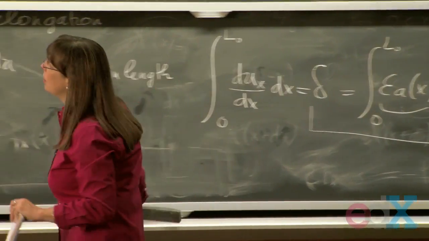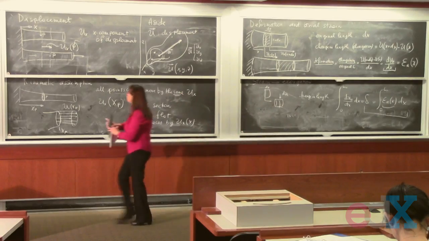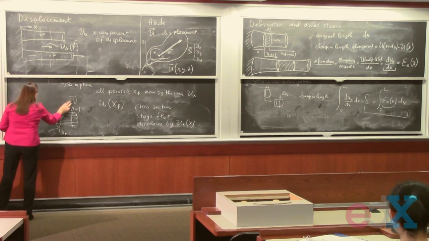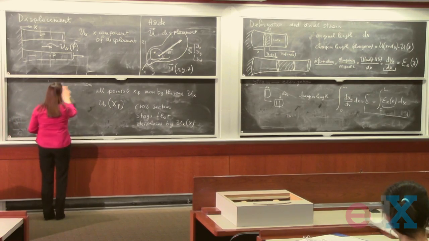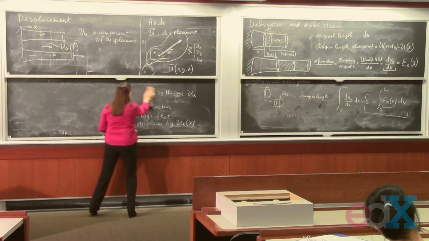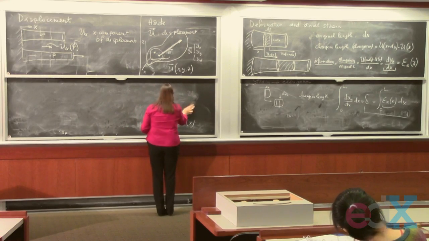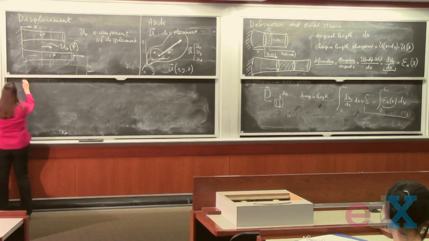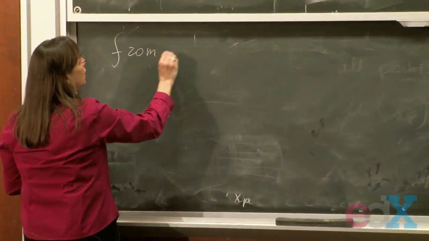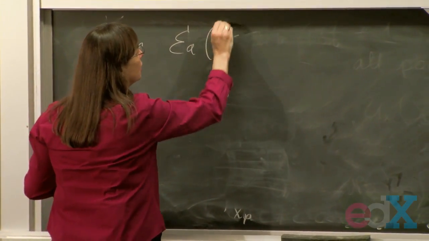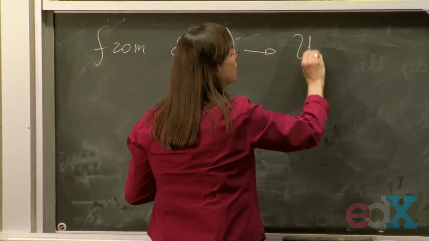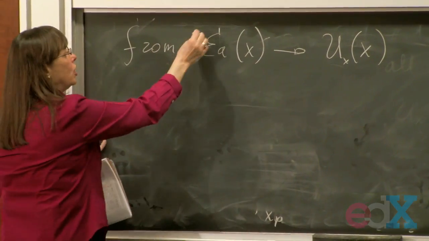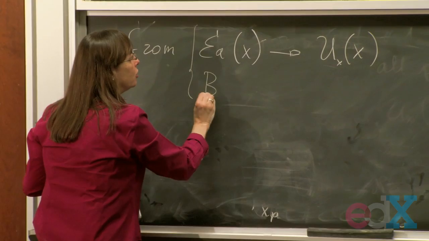Okay, so this is our relationship now between the axial strain and the elongation of the bar. Now we introduce this u of x. If I give you the axial strain, can you give me u of x? Well, I think you can, because the relationship is simply that one is the derivative of the other one, right? So if I have epsilon a of x, can I get u of x? I can, but I also need some more help. I need boundary conditions.